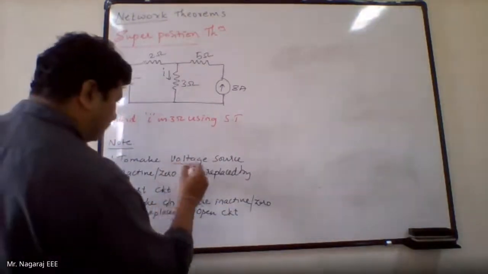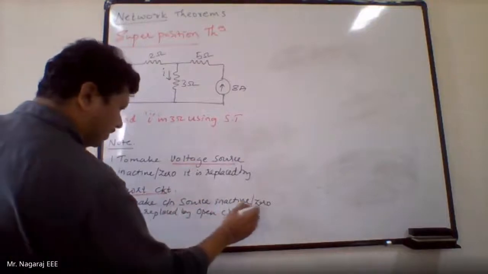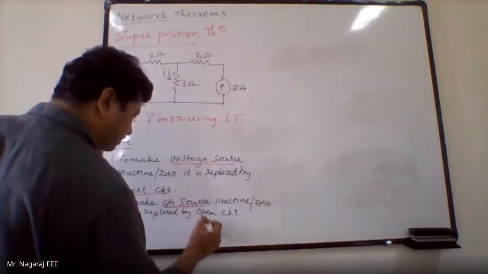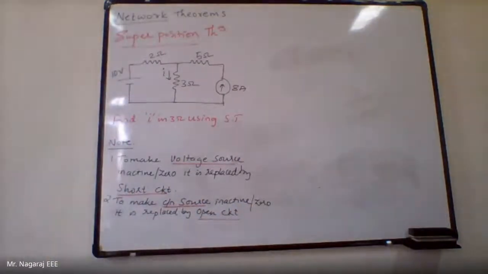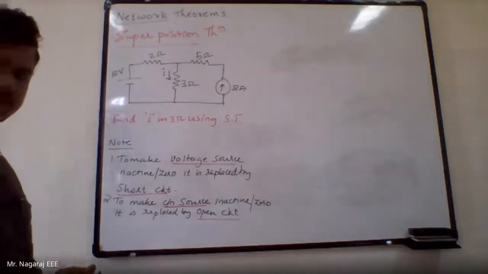So for a voltage source, it is a short circuit. For a current source, it is an open circuit. You should remember these two points.